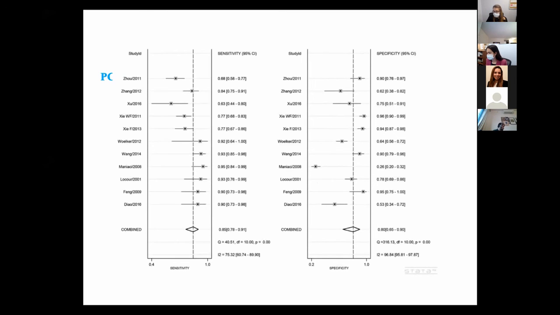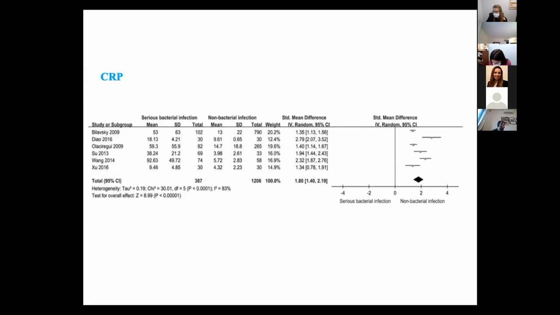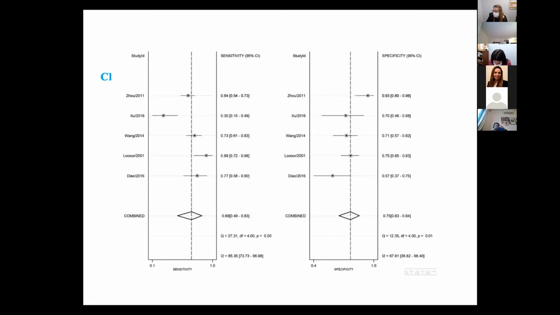The sensitivity and specificity when you use a cutoff of 0.5 for bacterial infections is around 80 to 85% for procalcitonin. For CRP, same, using the cutoff of 8, less than 8, much less likely to be a bacterial cause of your fever, but a sensitivity of basically 70%, specificity of 75.